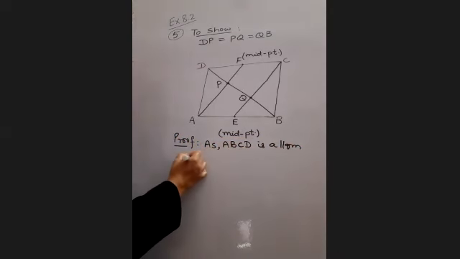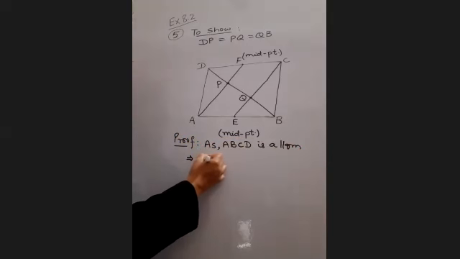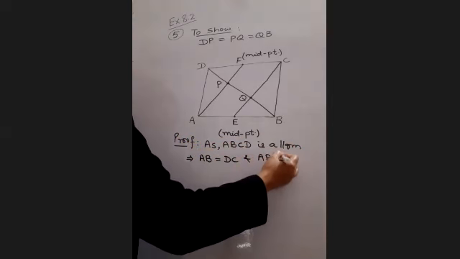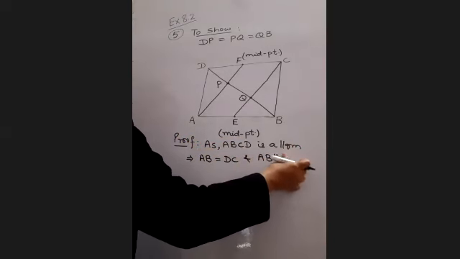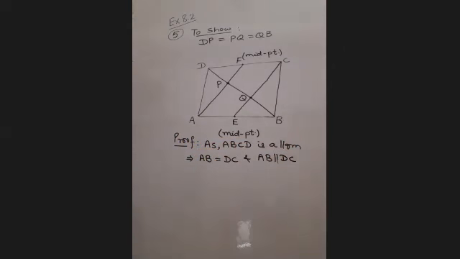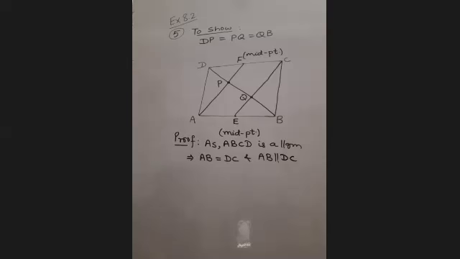Children, does it mean that AB is equal to DC and also AB is parallel to DC? Yes, ma'am. Opposite sides of a parallelogram are equal as well as parallel.